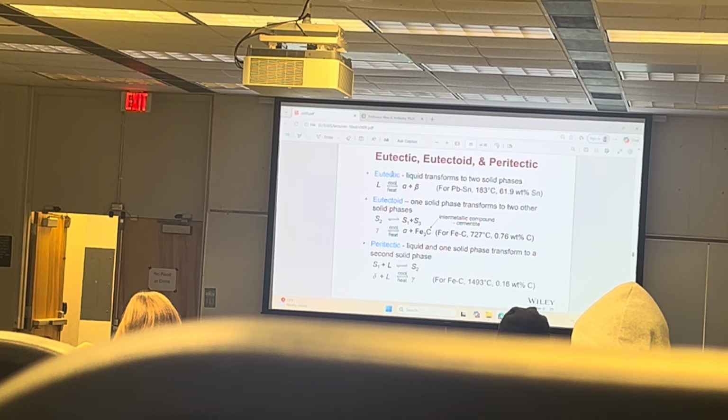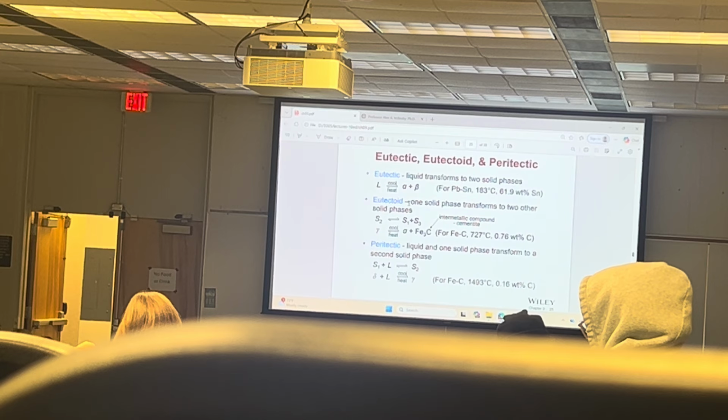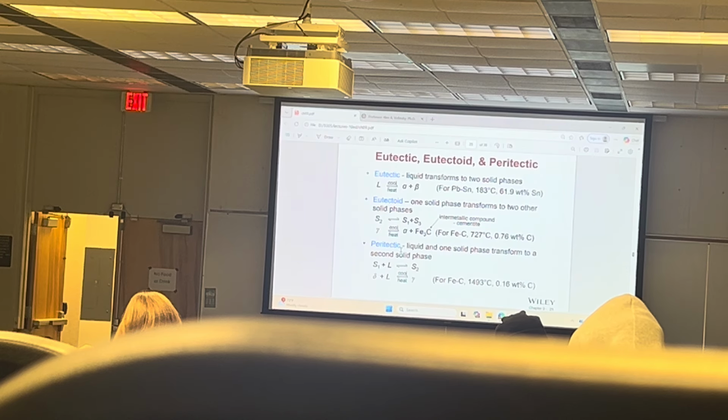And the difference is the ending, eutectic versus eutectoid. And another one is also interesting, it's called peritectic. Peritectic means that you have a solid that's reacting with the liquid to give you another solid. And we're going to talk about this iron-carbon diagram for steel and all that. That's this other reaction.